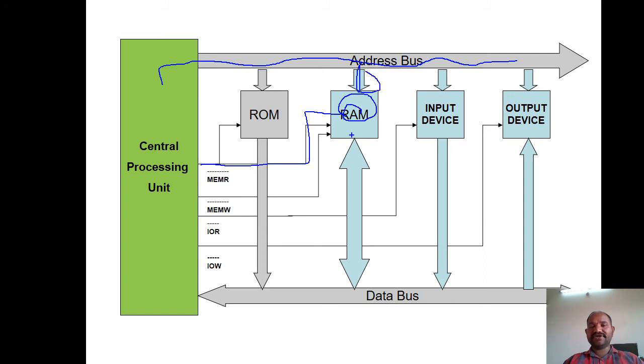After that, it is the responsibility of the RAM memory to place the data on the data bus. After some period of time, the microprocessor reads the data from the data bus into it.